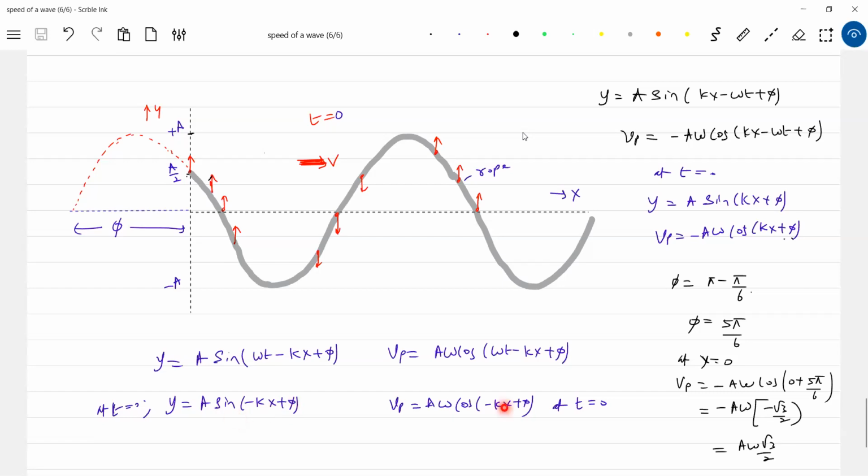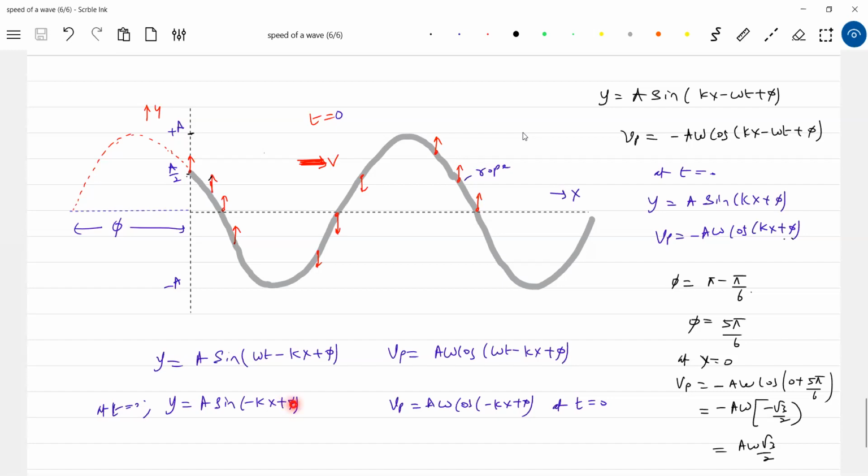Okay, there's no problem with this. Put x equal to 0, A omega cos of this particular thing. But again, as x increases, at t equals 0, you look at this particular thing.